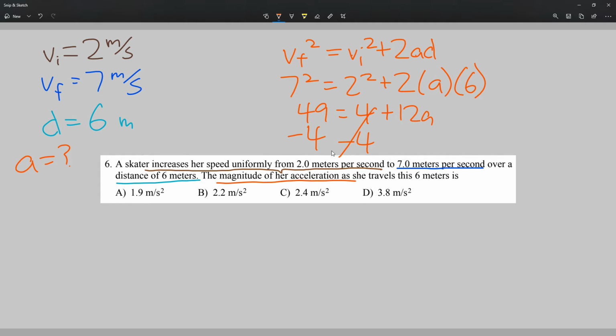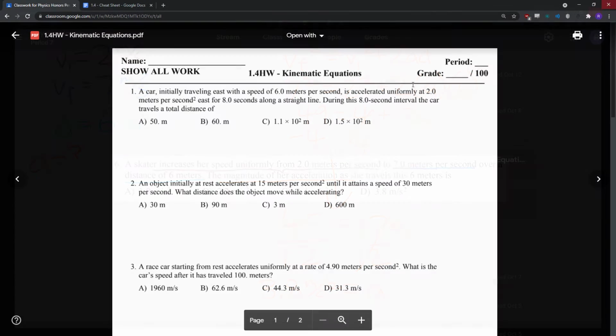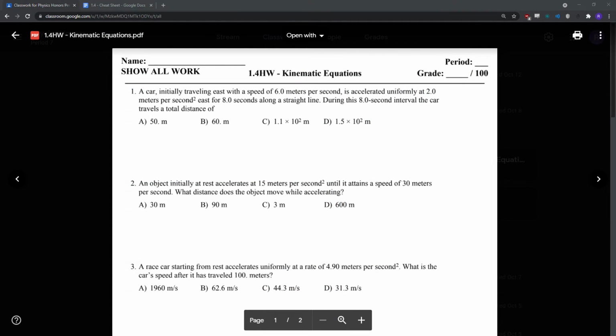So 45 equals 12A. Divide by 12, because that's a multiplication, so I do the opposite. So A is 3.8 meters per second squared. And that's that.